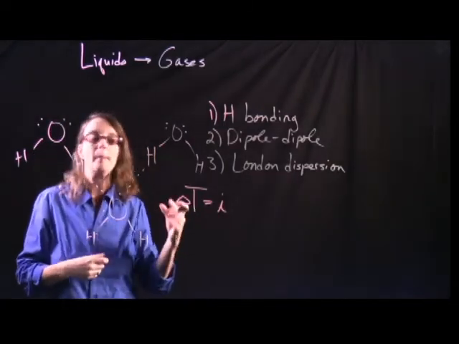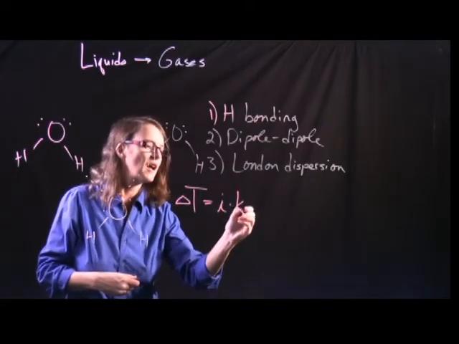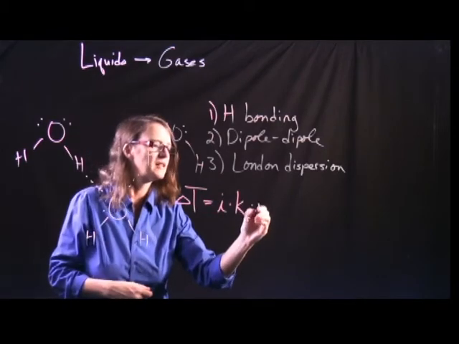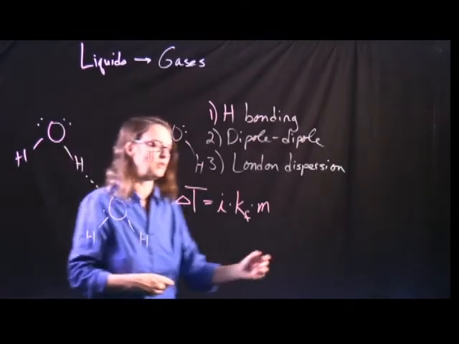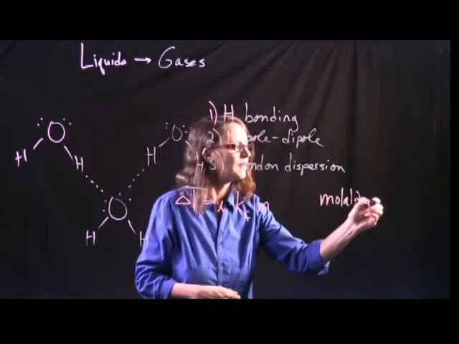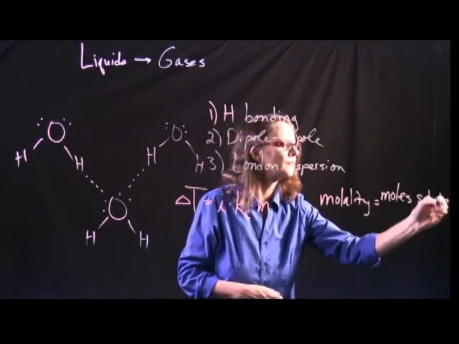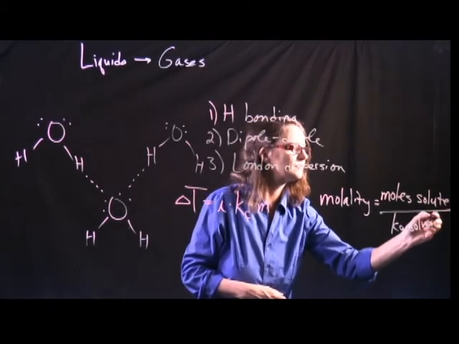If it's an ionic compound, it's the number of ions, times a constant for water, which is in your lab manual, times m, which represents molality of the solution. And molality is equal to moles of solute per kilogram of solvent.